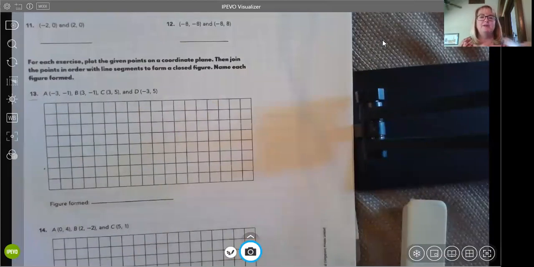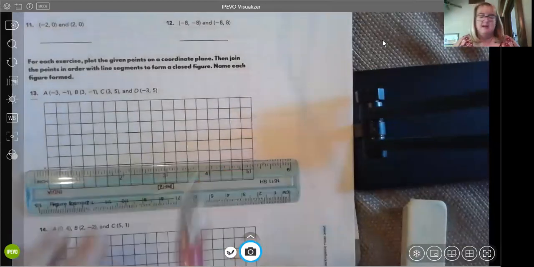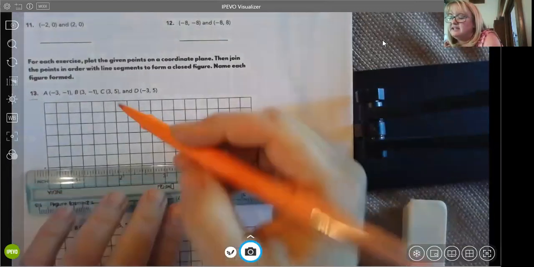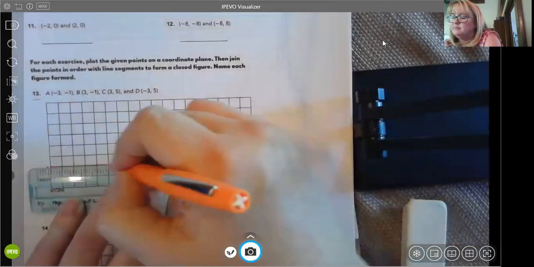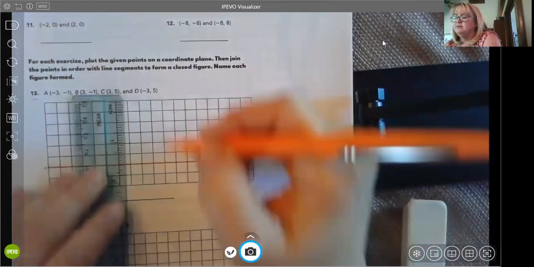So the first thing, we need to draw our x and y axis. I kind of looked ahead to guide you on where to draw it. I want you to draw the x-axis pretty far down, like this. And then the y-axis we'll do in the middle.